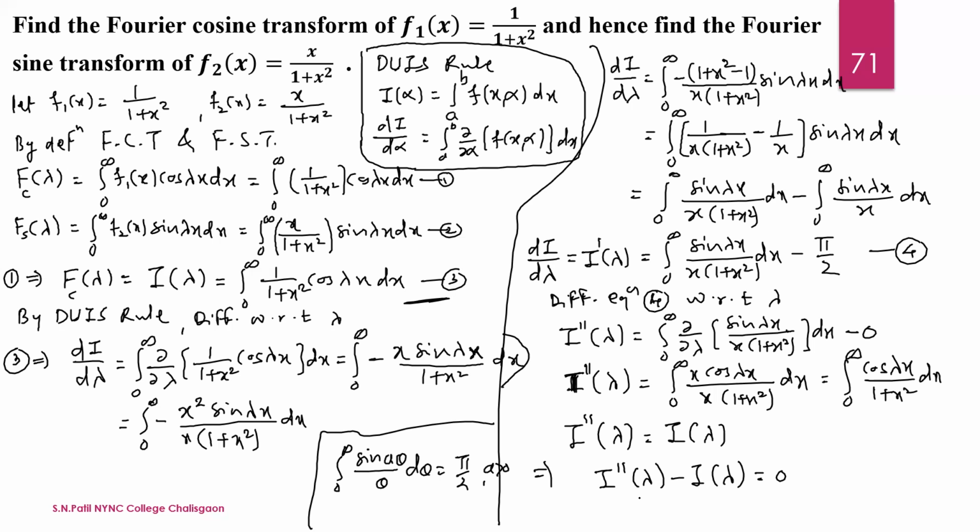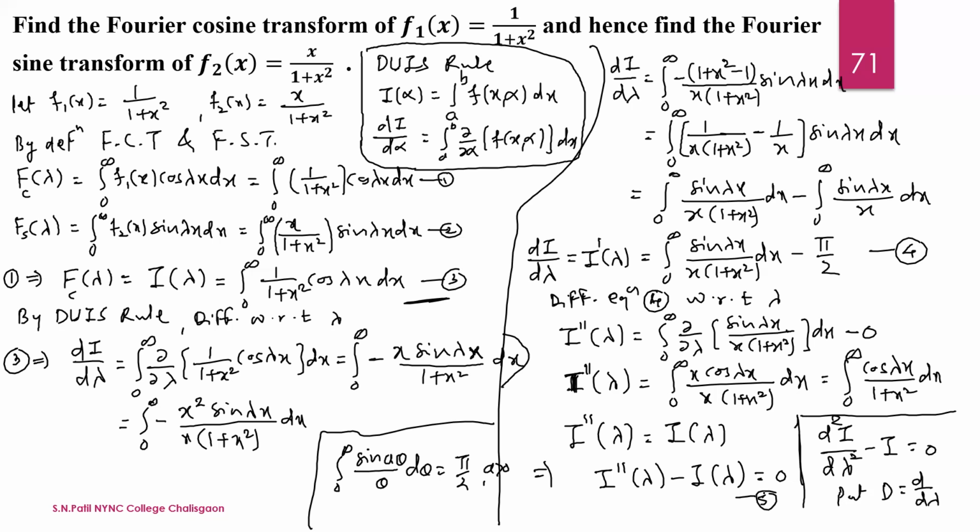For solving this, we make a substitution. Suppose this is equation number 5. It can be written as the second order derivative of I with respect to lambda minus I, where I is a function of lambda, is equal to 0. So here we put capital D, where D means derivative, d by d lambda.